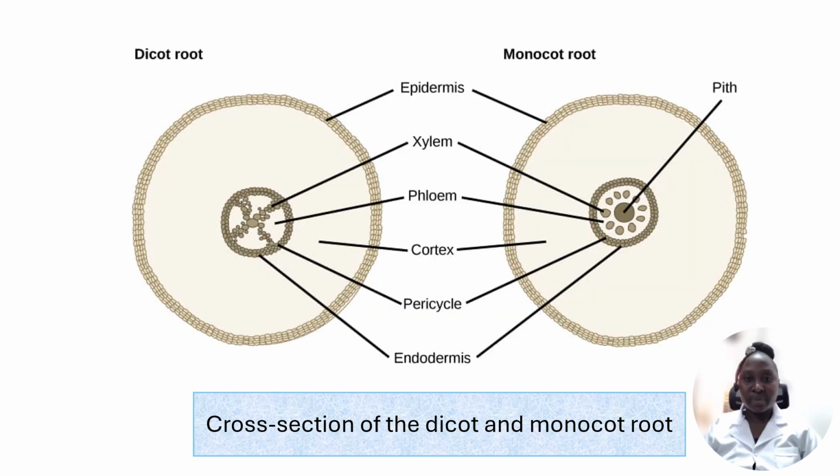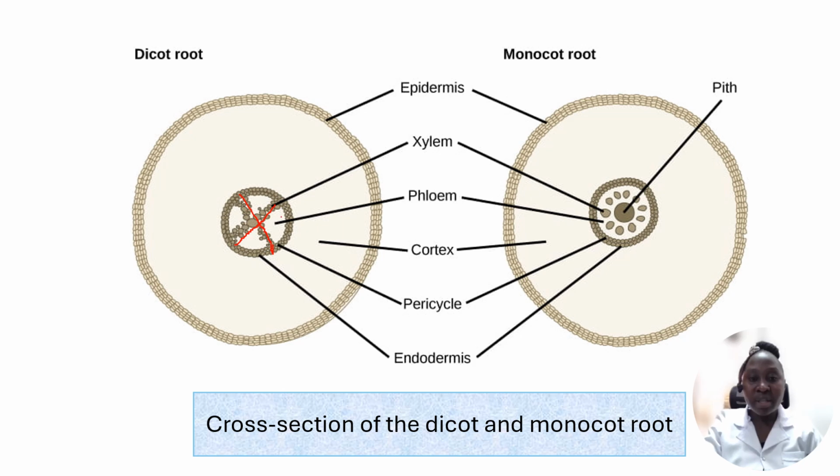So that's it. And in dicot roots now, we said that the vascular bundles, especially the xylem, form an X at the center or a star shape. We are going to see how the star shape appears, and this is an X shape.